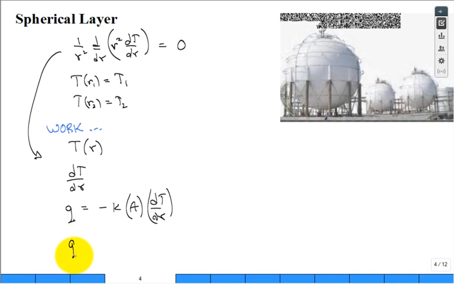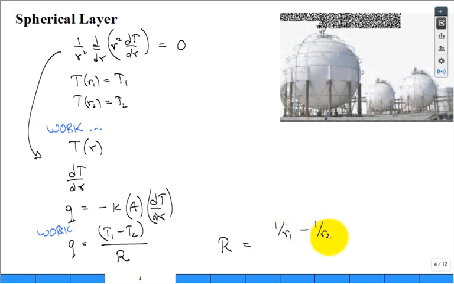And that constant Q through the system should boil down to T1 minus T2, the way I've written it, the inside is hot, the outside layer is cold, divided by some thermal resistance, and it's a little bit of work. The whole thing is all just a bunch of work. You get that this thermal resistance is 1 over R1 minus 1 over R2, divided by 4 pi k for a spherical tank. It is definitely doable. Every heat transfer textbook has this result in it.